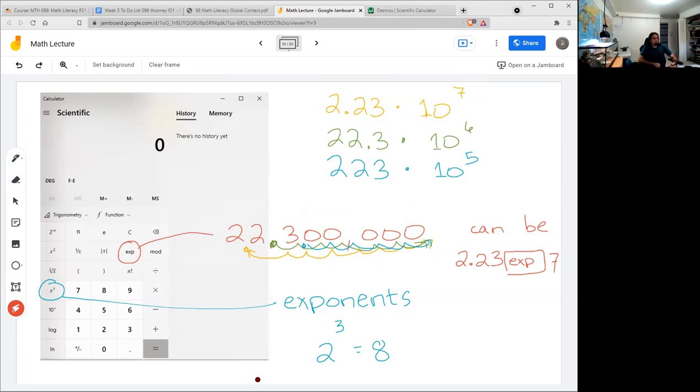So that's our convention. We like this one with 1 place value left of the decimal. There is a general rule for rounding.